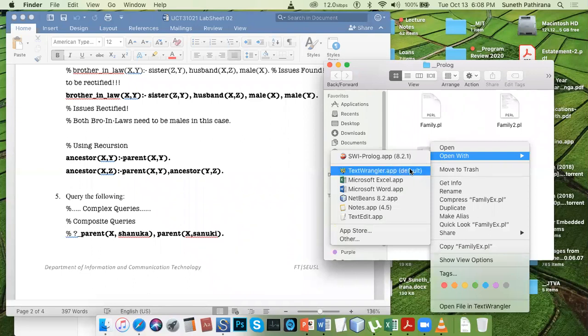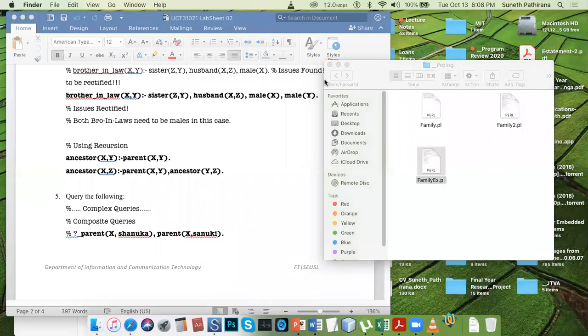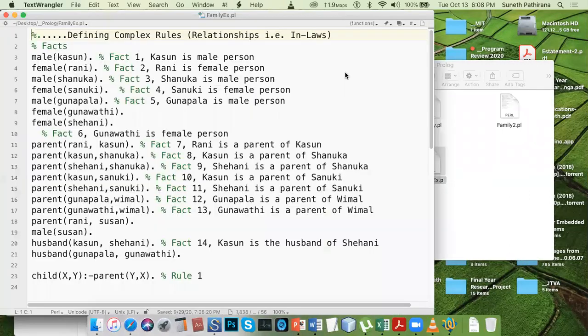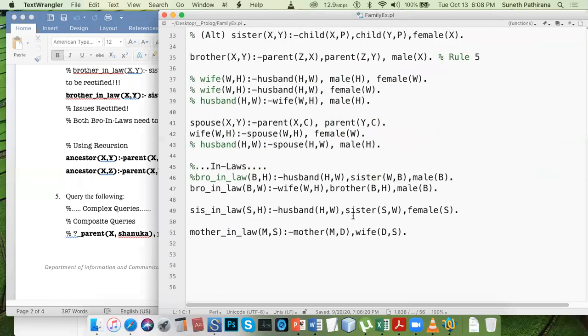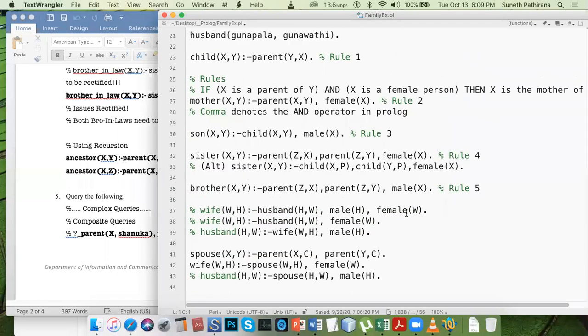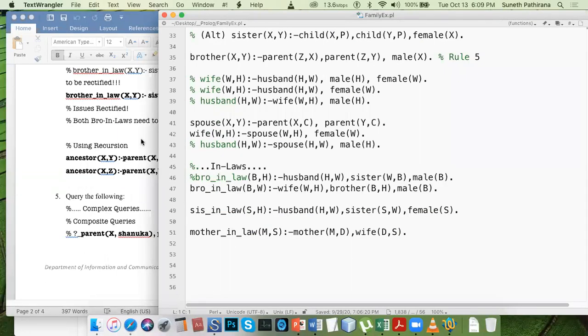So I can open that up, and I will delete some unnecessary parts. Let it be there. Okay.